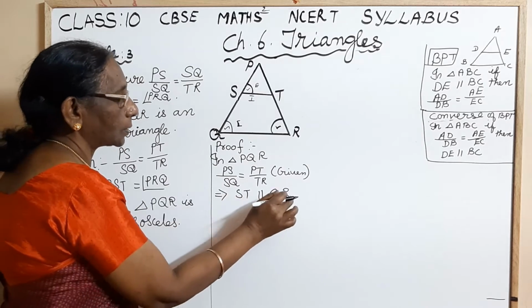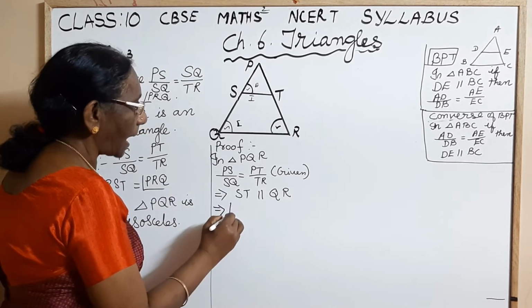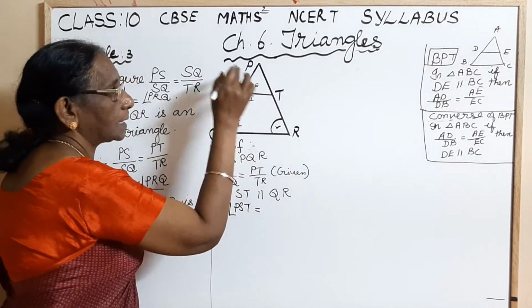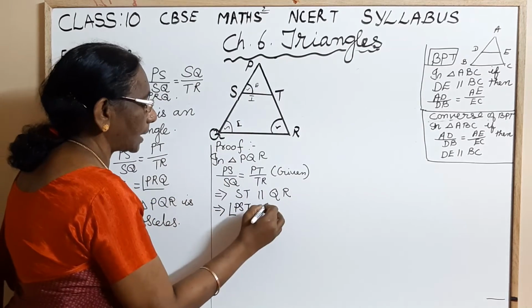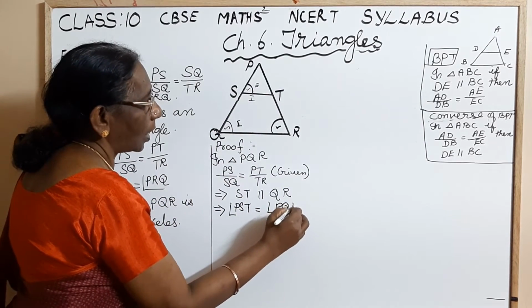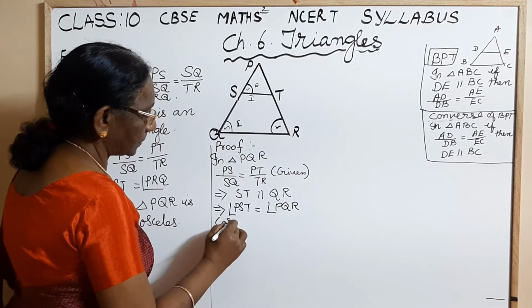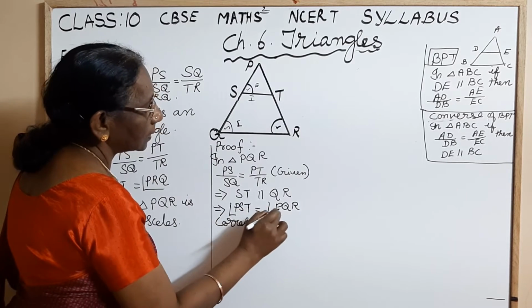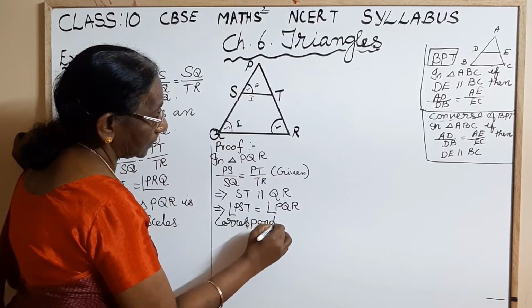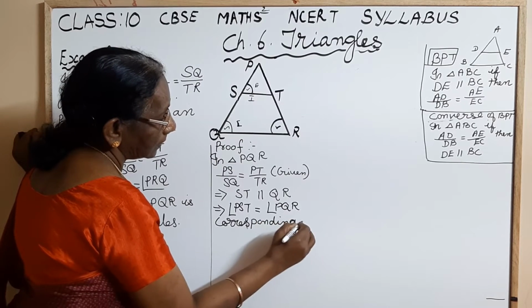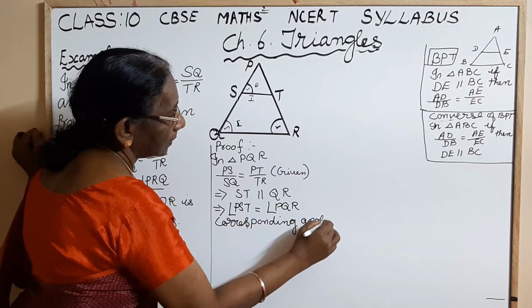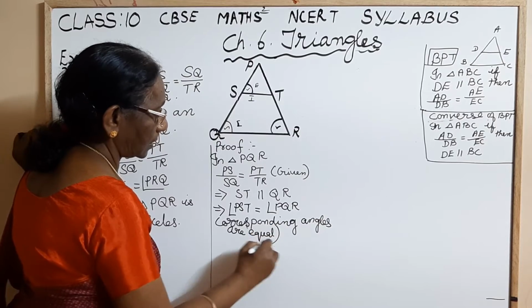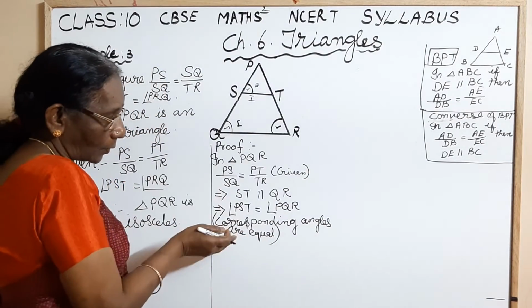ST is parallel to QR, which implies angle PST, the exterior angle, is equal to the interior angle PQR. What property? Corresponding angles.